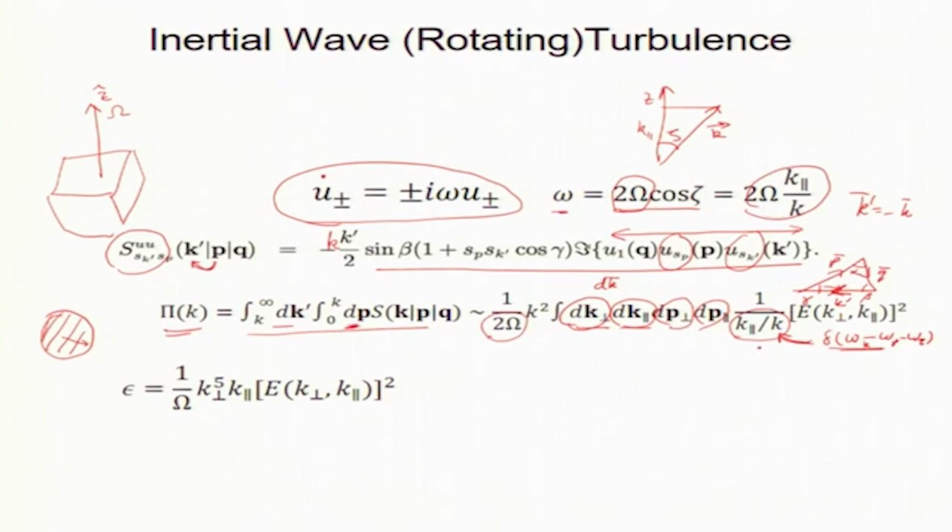The frequency comes below, and if you remember, for hydrodynamic turbulence the frequency was 1 over nu k squared, which comes below, in the denominator. So, same thing here, but here I do not have viscosity.